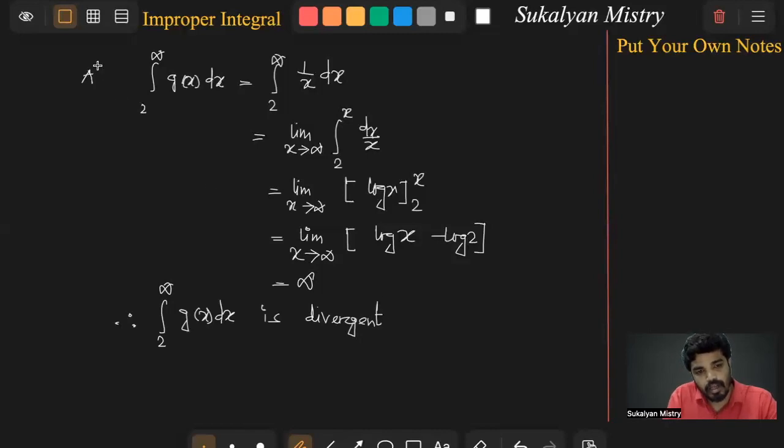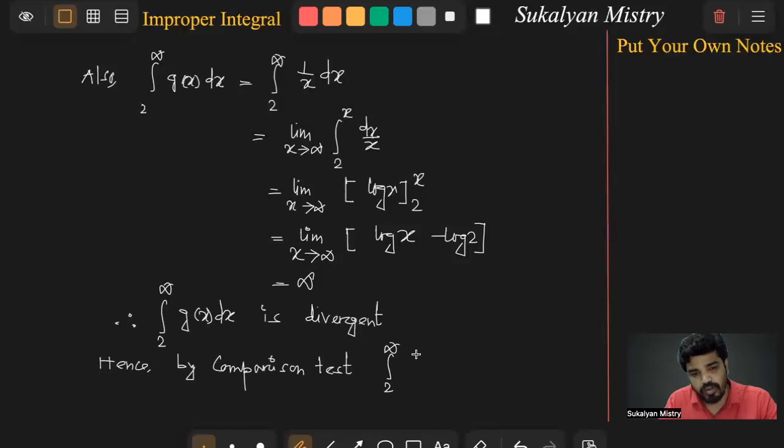Okay. So hence by comparison test, integration 2 to infinity f(x) dx is also divergent.